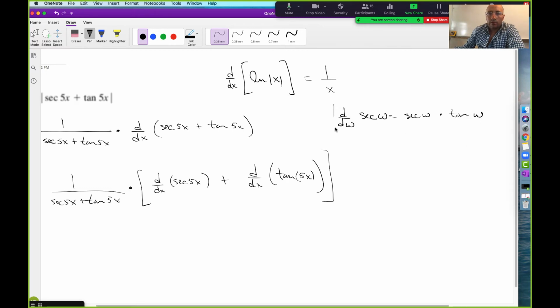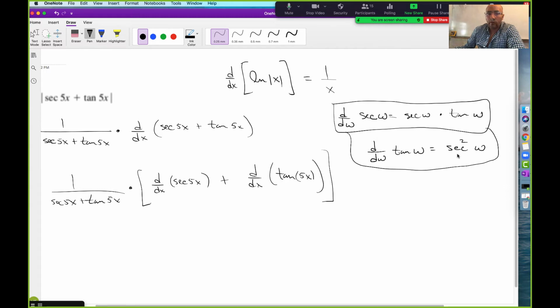Okay, so this guy is useful. And if I had the derivative with respect to w of tangent of w, the answer would be secant squared of w. Right? Okay, so we want to use those two properties here.